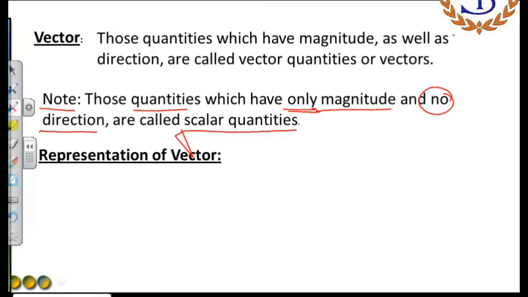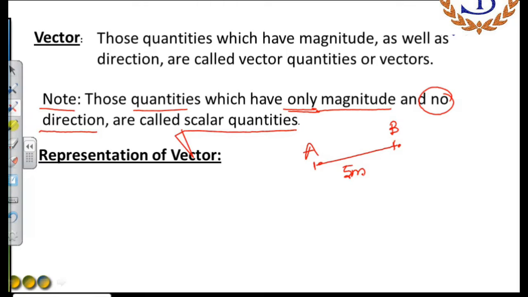Now how can you represent a vector? Suppose here is one point and here is another point. Let it be A and here it is B. And this is AB. Let the length of this AB be 5 meter, but I am not mentioning here any direction.